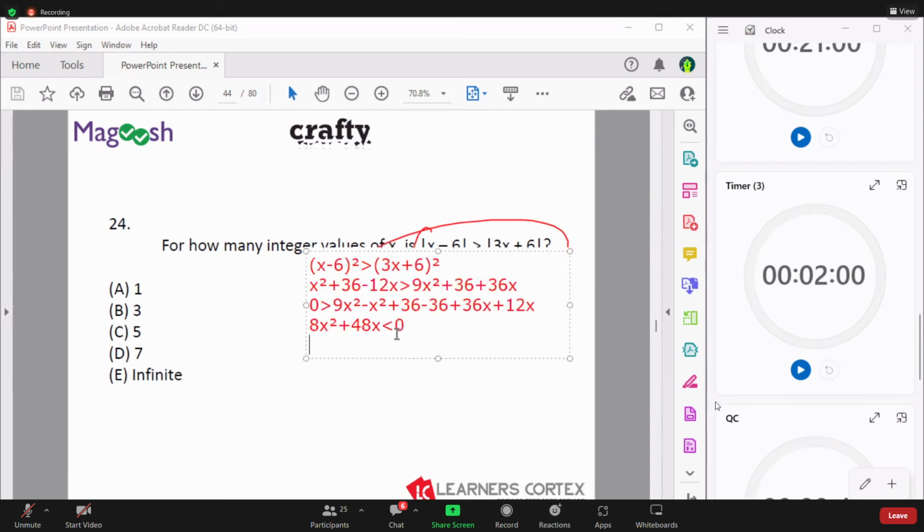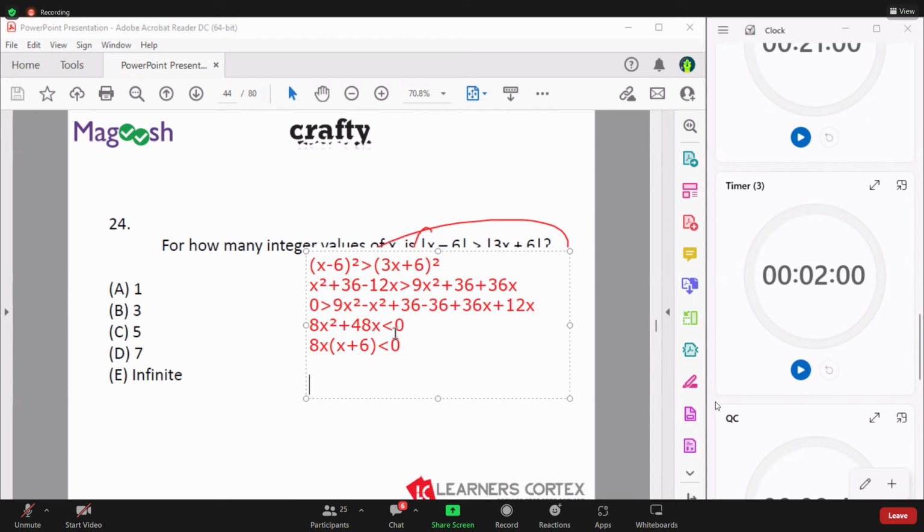Now we can take out 8x as common. This becomes x plus 6, which is less than 0. Now, since it is less than 0, there are two possible situations.